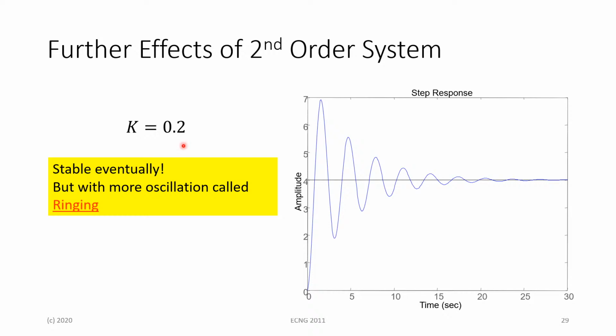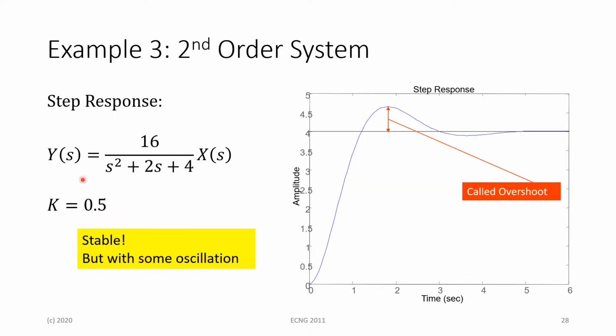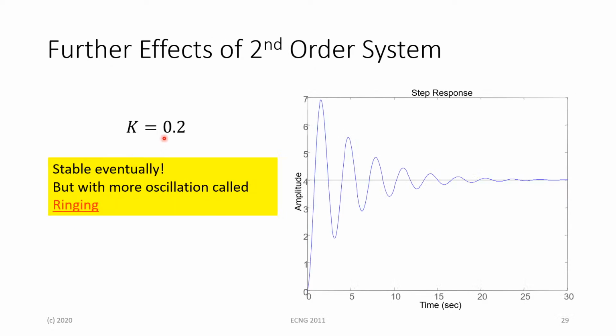If we decrease the value of k between 0 and 1, we observed this for k equals 0.5. If we say k is equal to 0.2, you see that we get more oscillations, and we typically approach a steady state value, but it takes longer before you actually approach it, with k being closer to 0.